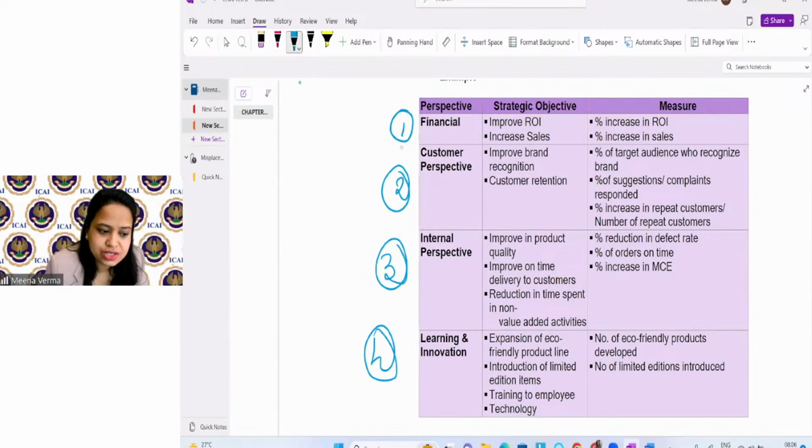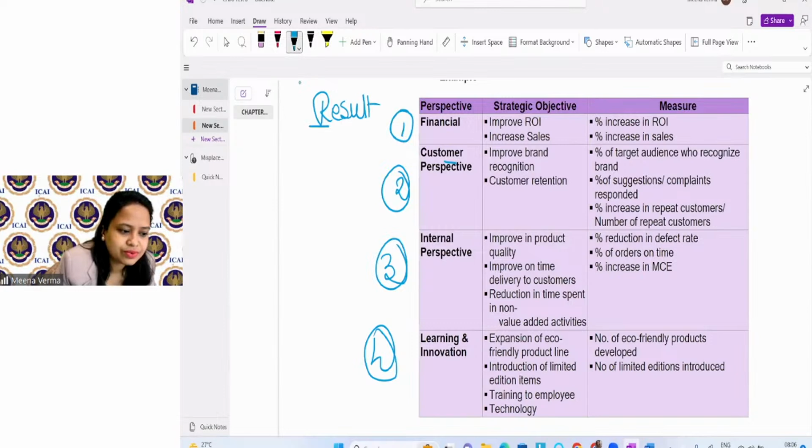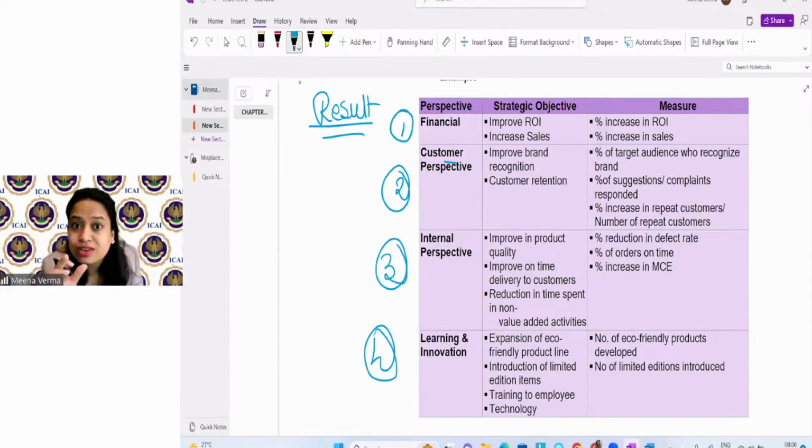We have just discussed that we will consider the customer. We want to measure the result of all these things. Measuring the performance is measuring the result, how well you have performed. So the result from the customer perspective, the result from the finance perspective, the result from the employee perspective. Learning and innovation is for the employee.